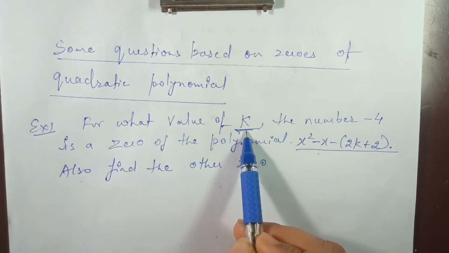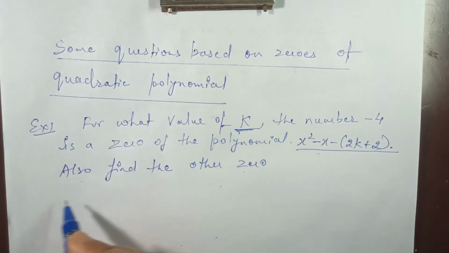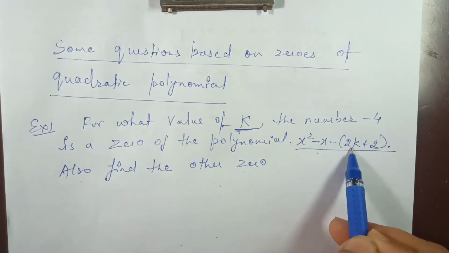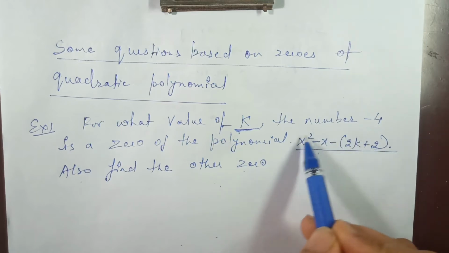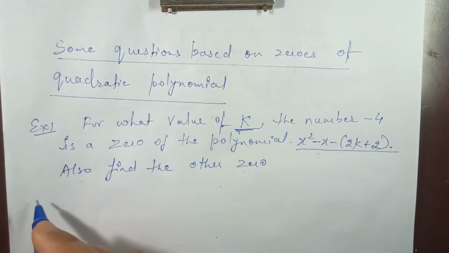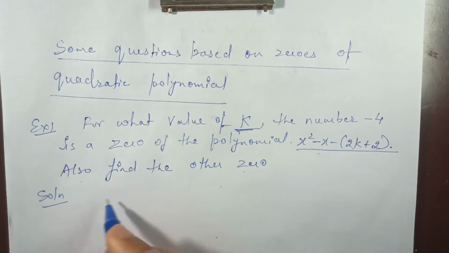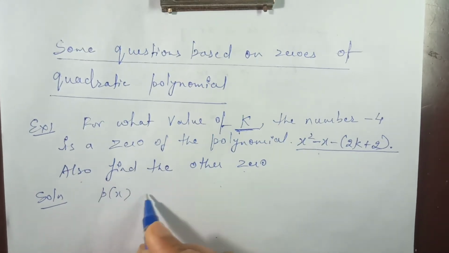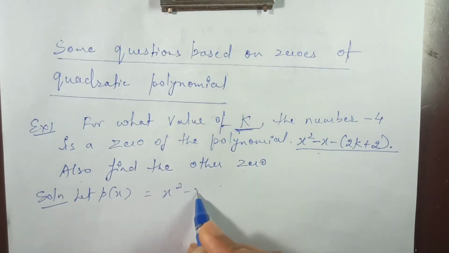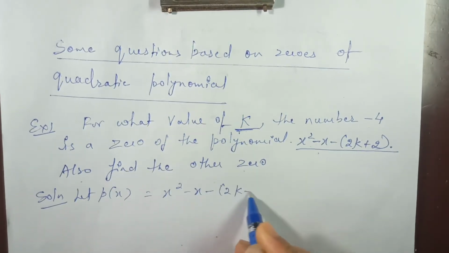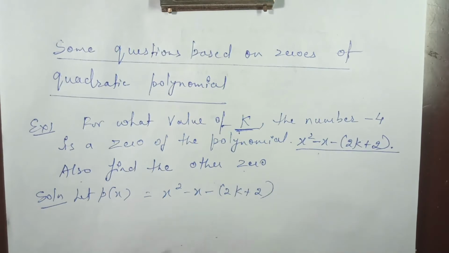So now how are we going to calculate? Let's see. Since minus 4 is a zero of the polynomial, it means on putting this value, the value of the polynomial after calculation becomes 0. So let us first take the given polynomial as p(x).